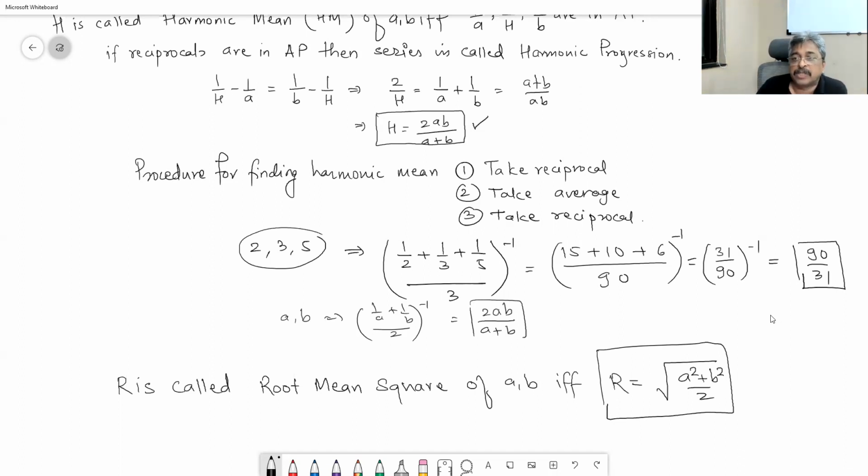These are the values which are important in statistics. Like we know the meaning of average, that is arithmetic mean.